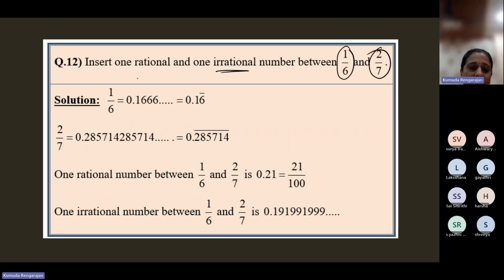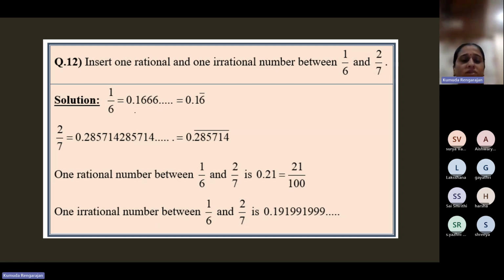So the decimal value of 1 by 6 is 0.16666, which means 0.16 recurring. To insert an irrational number between these two numbers, you need their decimal values. So you have to perform the long division and find the decimal expansion of 1 by 6.